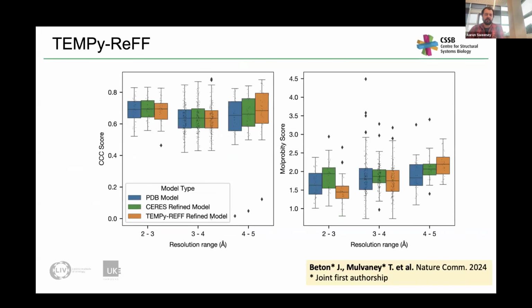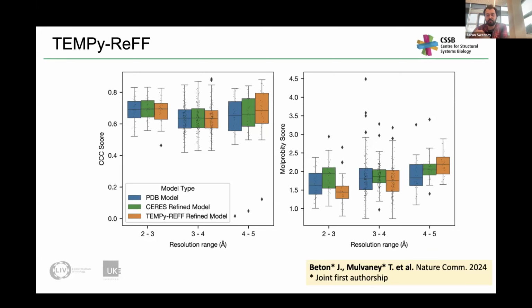I've got here some results from a benchmark of TEMPy-ReFF. We compared TEMPy-ReFF refined models against models from CERES, which is a public repository of Phenix refined models. We can see that the cross correlation for TEMPy-ReFF models is slightly better at lower resolutions than CERES and the PDB deposited structures.